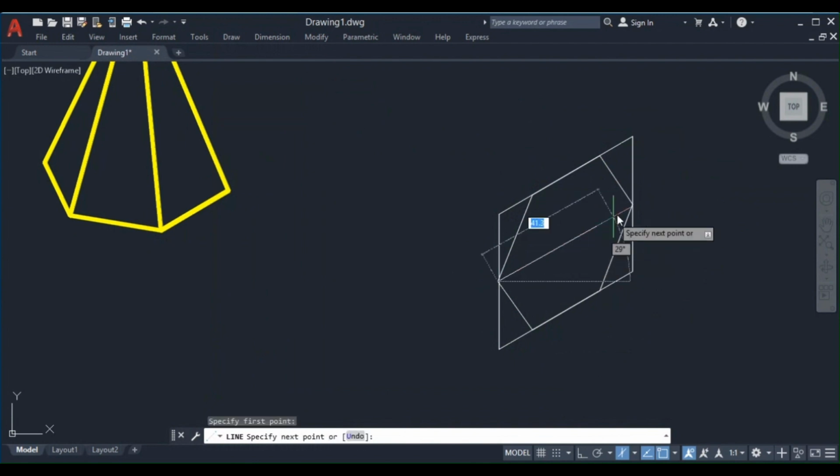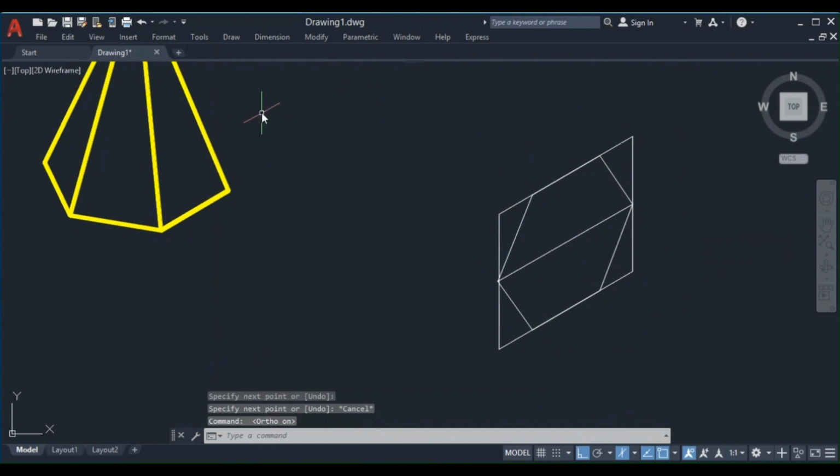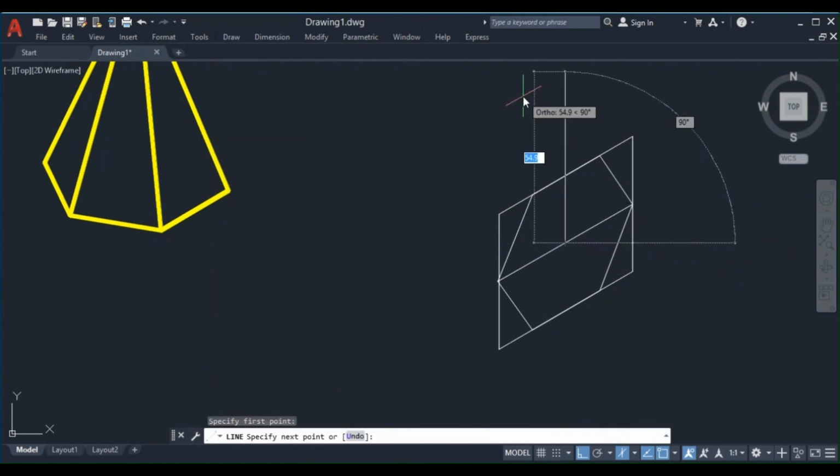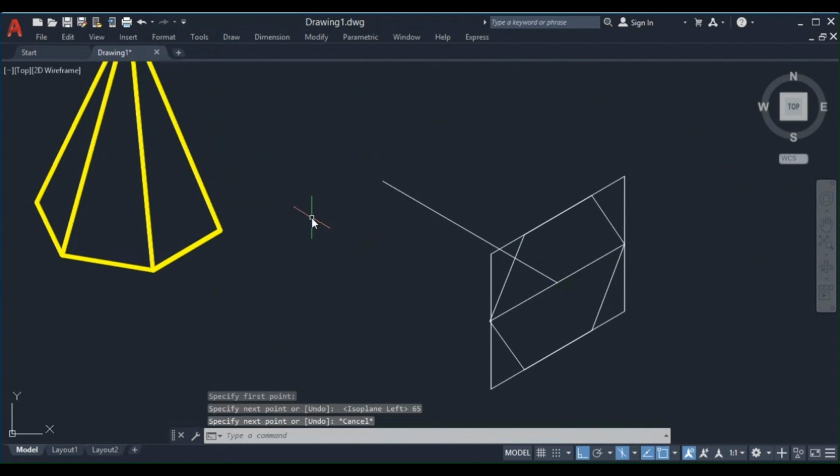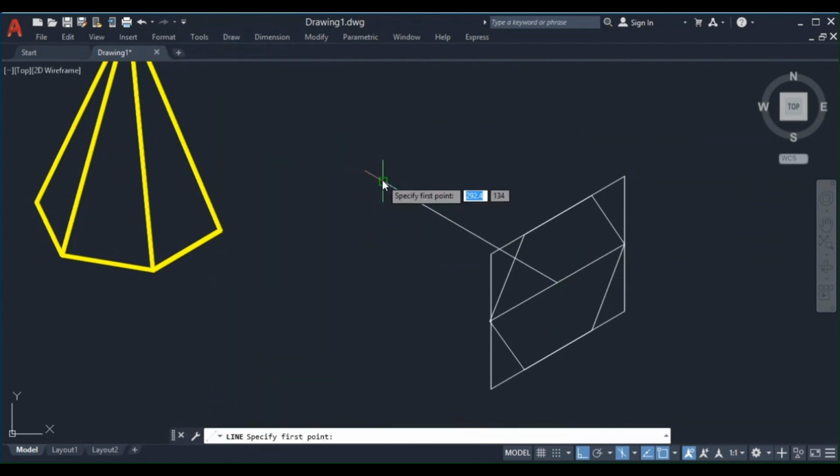So first join this diagonal. Now what is the axis height? Suppose I give 60 mm or 65 mm, for example; it should be drawn at the isometric angle, 65 mm. Now from the apex, we need to join to the successive corners.